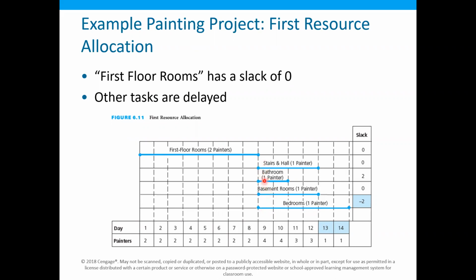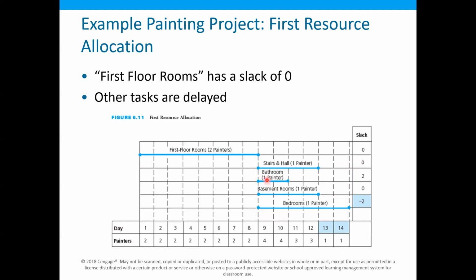Out of these 3 remaining activities, we have stair and hall and the basement room as the 2 activities with the minimum slack. So 0 days and 0 days. Both have the same slack.